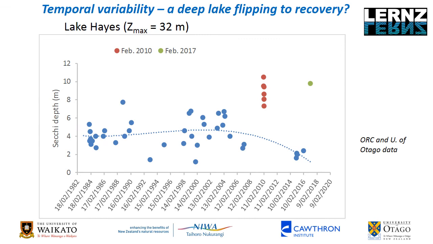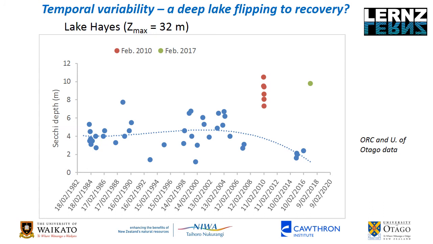Finally, the last example is Lake Hayes, which I talked a little bit about in the biomanipulation critical step. But the Secchi disk readings of Lake Hayes, which is considered to be a fairly eutrophic and degraded lake, are showing that in recent times there seems to be a bifurcation in the behavior of this lake. There have been Serratium blooms since the mid-2000s, and that has driven water quality way down into very low Secchi depths in the summertime.